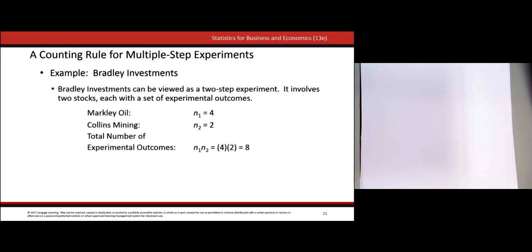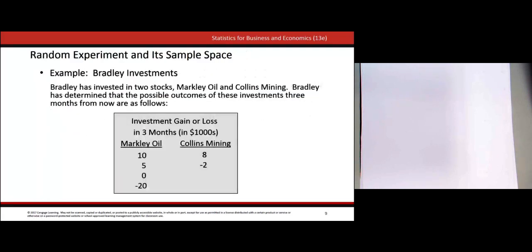How about the Bradley investment? Like we discussed here, Bradley is invested in 2 stocks, Mark Lloyd and Collins Mining. Now how many total experimental outcomes do we have from this investment? At first it may appear to be like we have 6 outcomes, but it's not the case because we are investing in those 2 stocks at the same time.